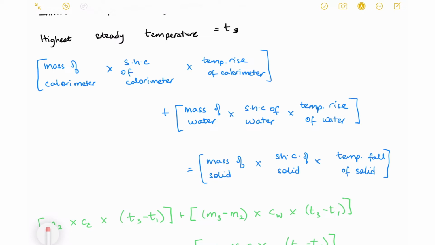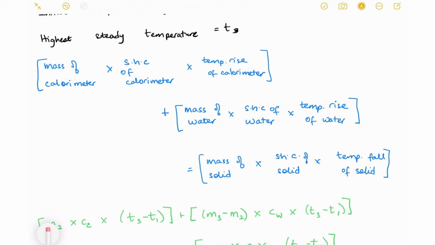So E is equal to mc delta theta, or E is equal to your mass multiplied by your specific heat capacity multiplied by your temperature change. Alright, now the heat that is going to be gained by the calorimeter and the heat gained by the water has to be equal to the heat lost by the solid, right?